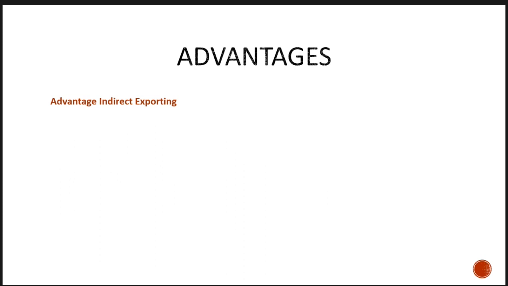There are a few advantages of each type of exporting, and we'll be looking at them right now. The advantage of indirect exporting is that it is free from risk. What does it mean, free from risk? It means that we, as a company, don't have to worry about payment issues from other countries, for example, because we are not the one doing the export activities.